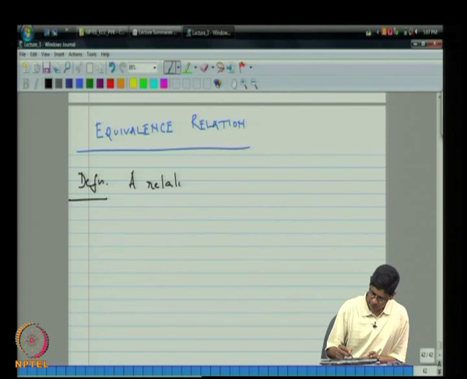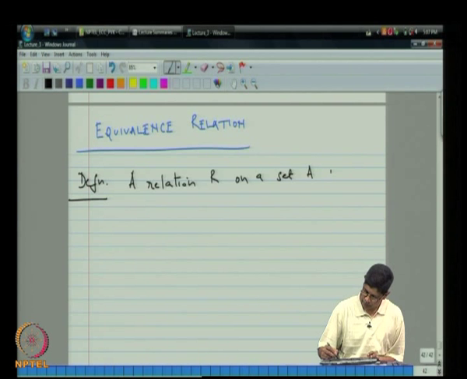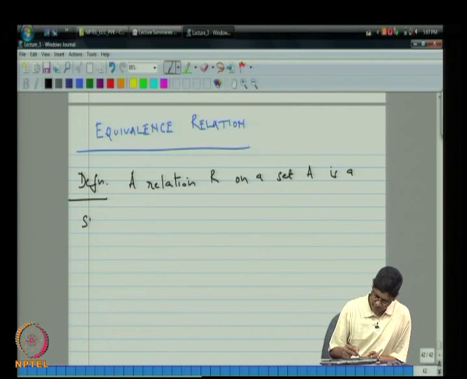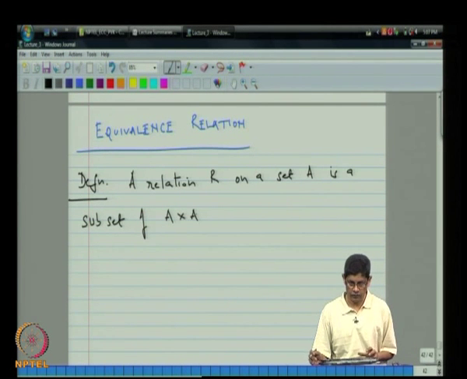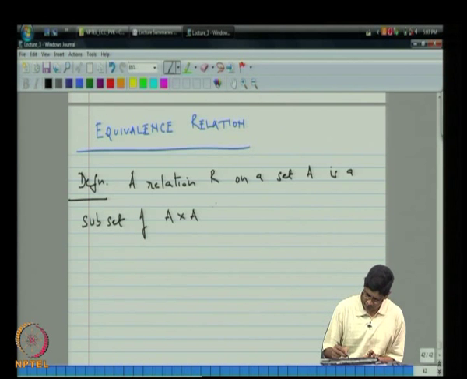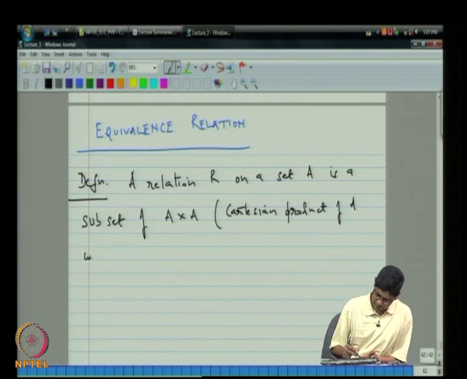A relation R on a set A is a subset of A cross A. This is also called the Cartesian product of A with itself.